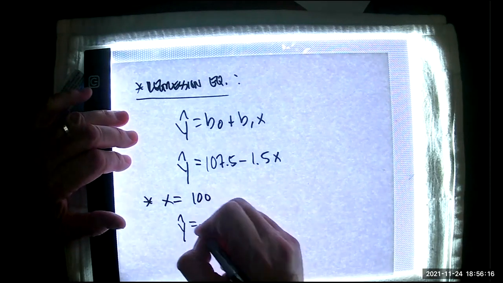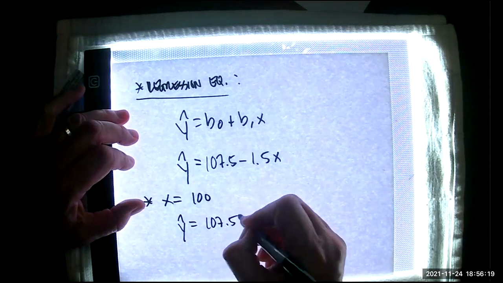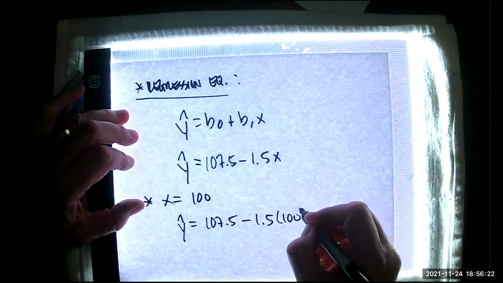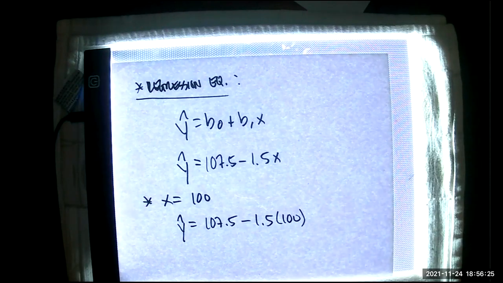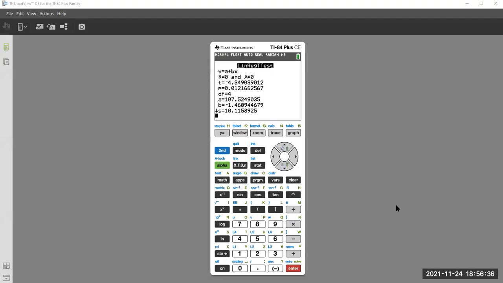So the predicted y value is 107.5 minus 1.5 times 100. And my calculator, let me just switch back one last time. It's such a simple calculation. 107.5 minus 1.5 times 100. And we get a negative 42.5.